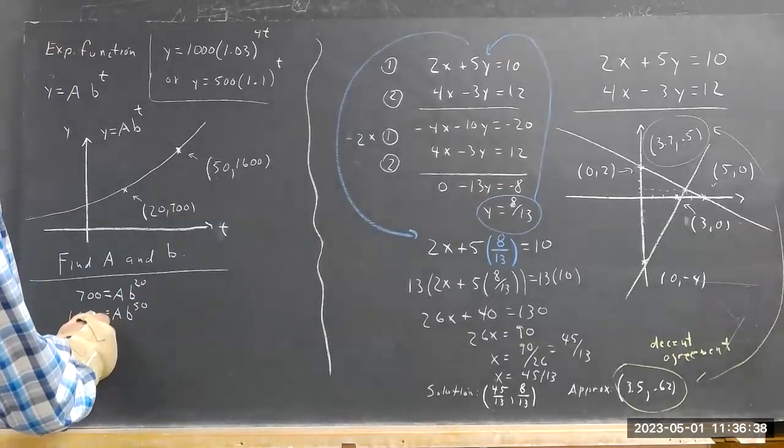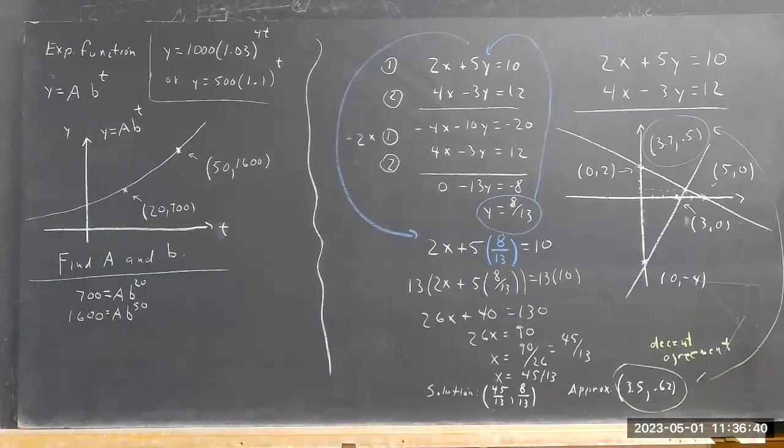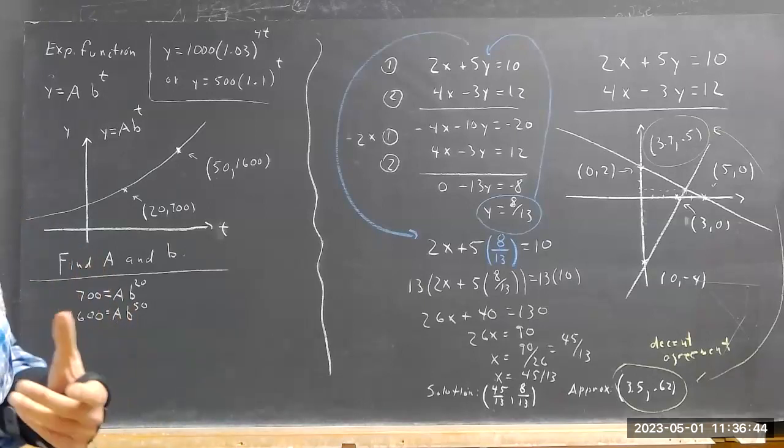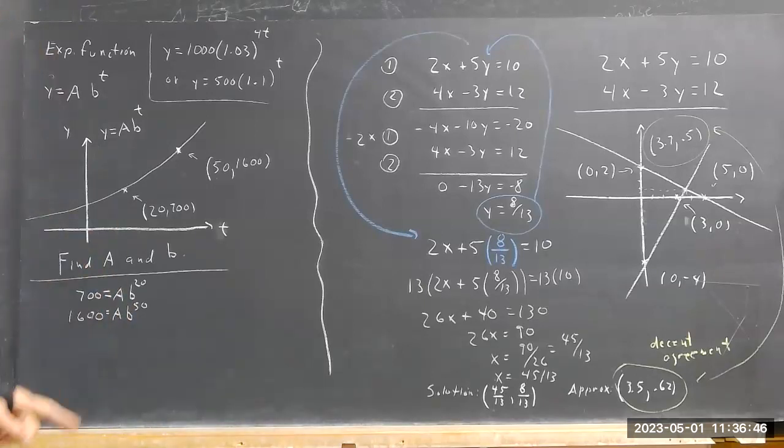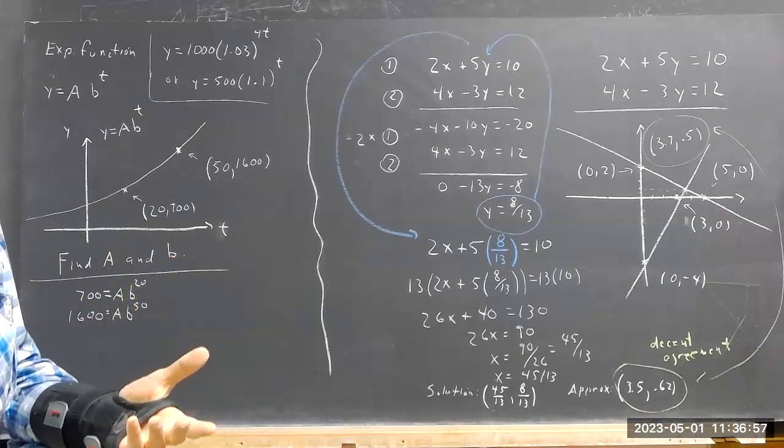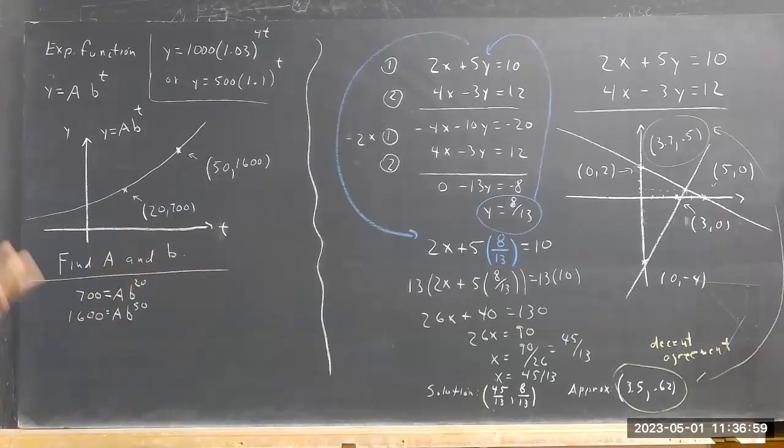So there are various ways to solve this. The more standard way is to solve one equation for one of the variables. Of course, the variables in this equation, the unknowns in this equation, are A and B. Okay. So is it easier to solve, say, the first equation for A or for B? Well, the answer I got was immediately, well, solve it for A. B's got that exponent on it.